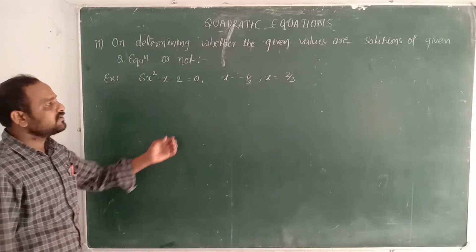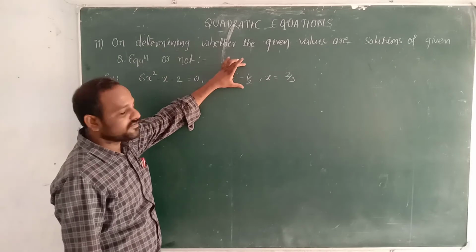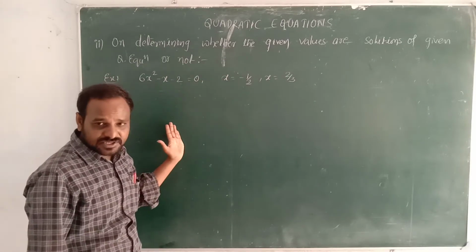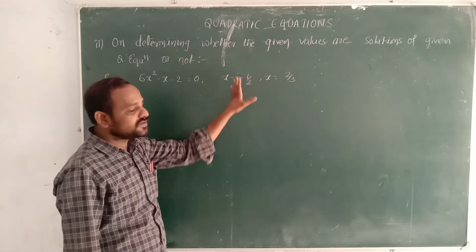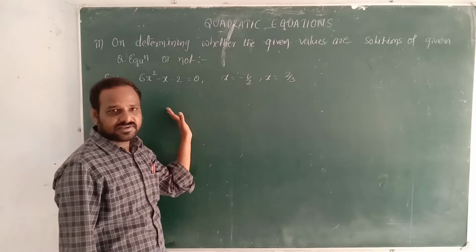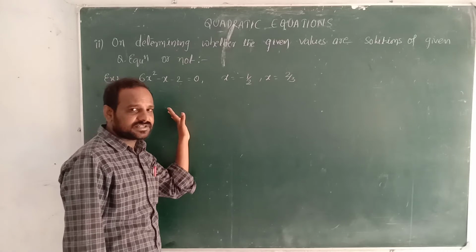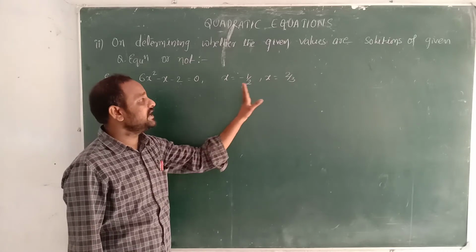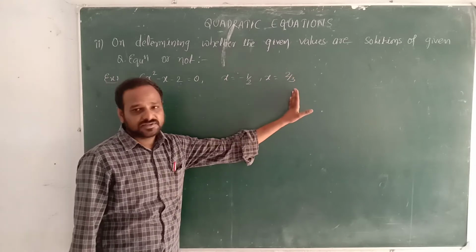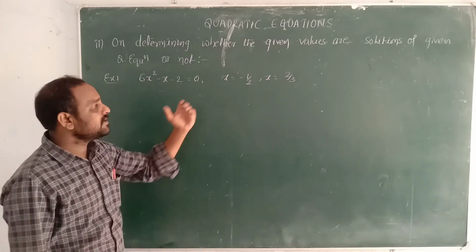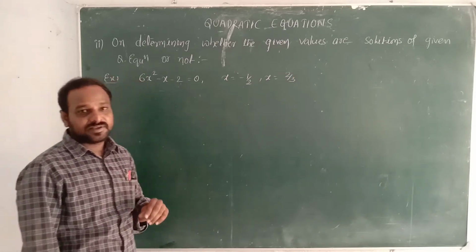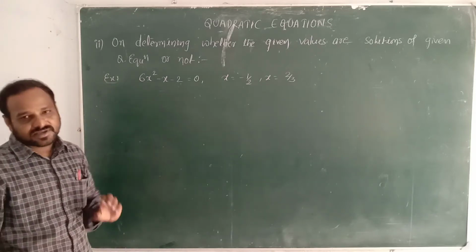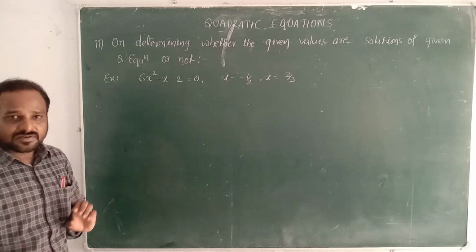First we substitute minus 1 by 2 instead of x. If we get the result 0, then it is a root, a solution of the given quadratic equation. After that, we substitute 2 by 3 in place of x. If we also get 0, that means LHS is equal to RHS, and it is another solution of the given quadratic equation.